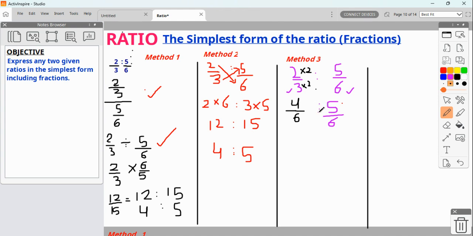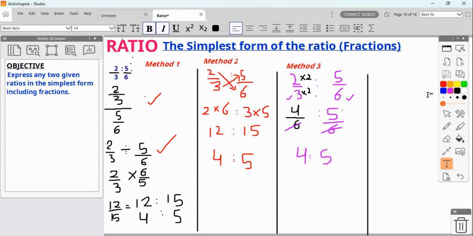When we write it in division form and take the reciprocal like the first method, this 6 will be cancelled by 6 and we will get the answer 4 ratio 5. And furthermore, both numbers are not divisible by any same number. So our answer is 4 ratio 5 or 4 is to 5.